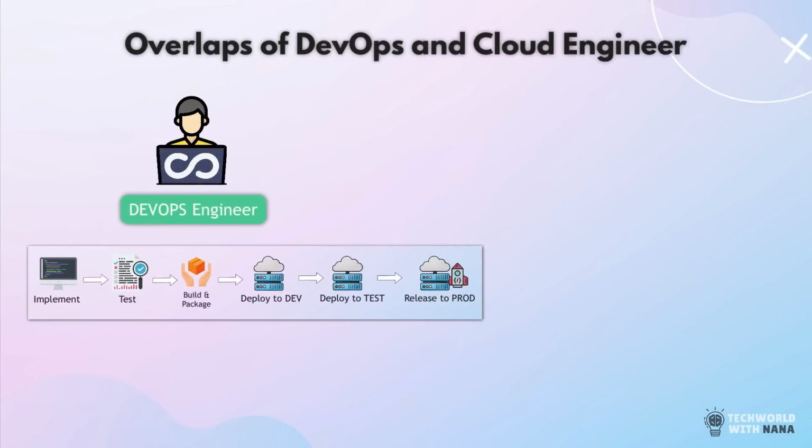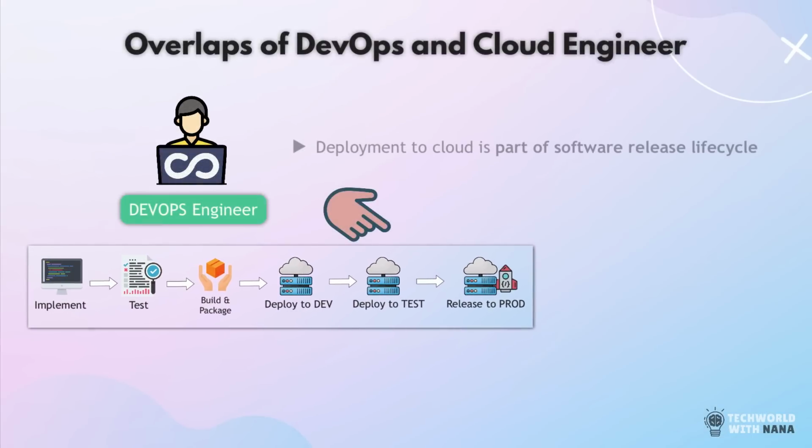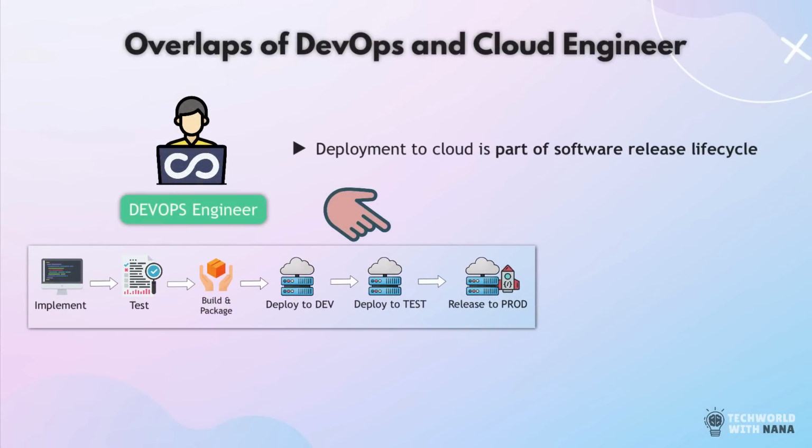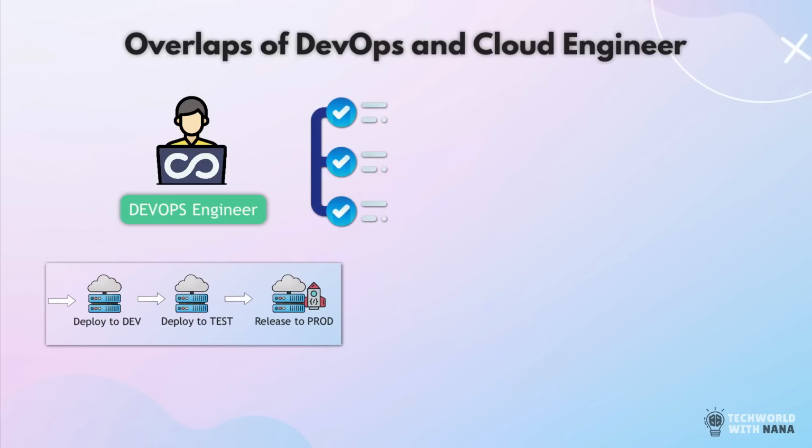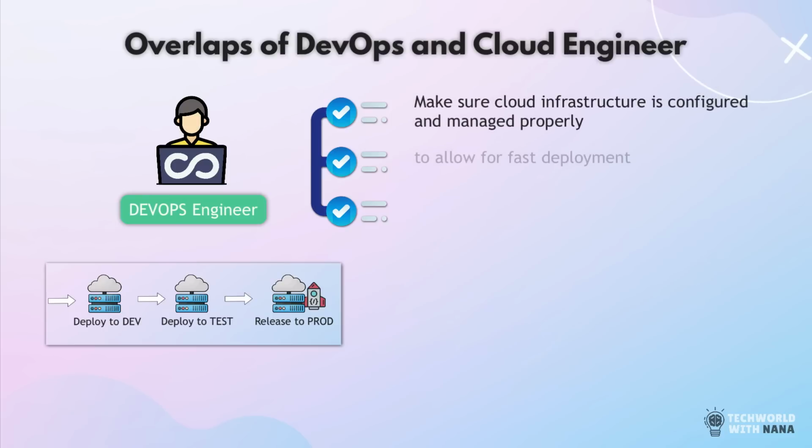Part of software release is its deployment on servers, on infrastructure. So if a company is deploying its applications to cloud, the DevOps engineer's responsibility naturally becomes to make sure the cloud infrastructure is configured and managed properly to allow for fast deployment, for automated testing, validating whether deployment worked with blue-green or canary deployment strategies, and so on.